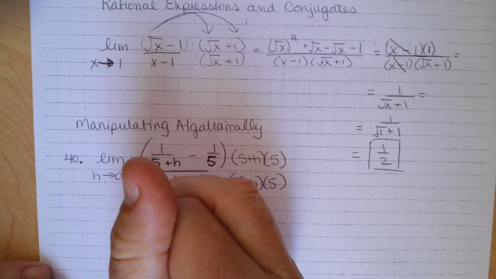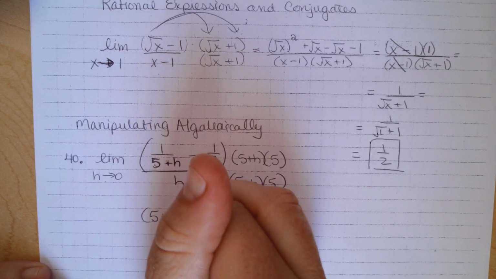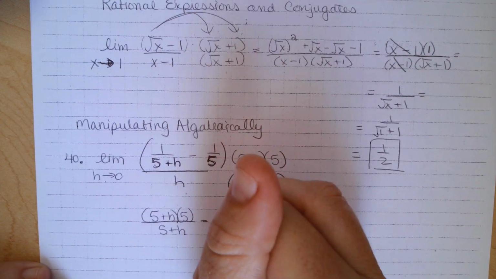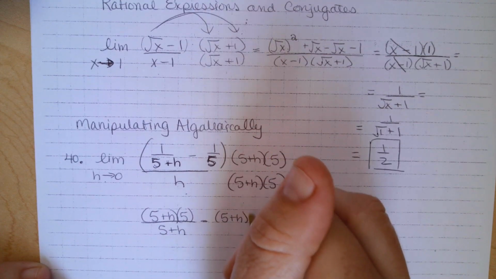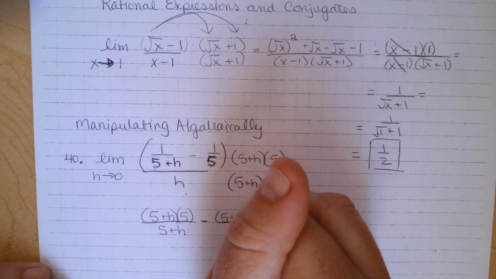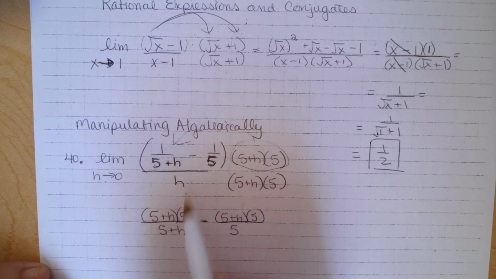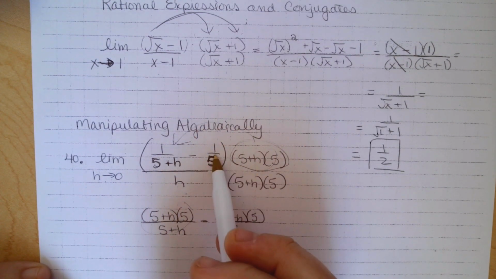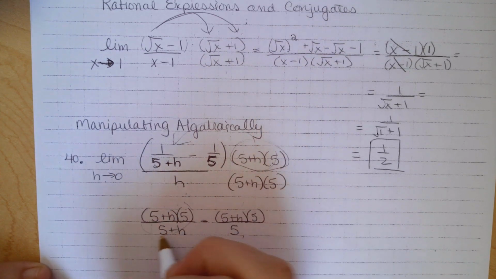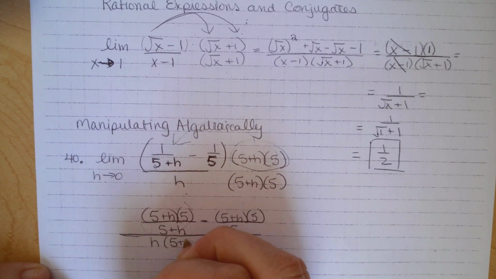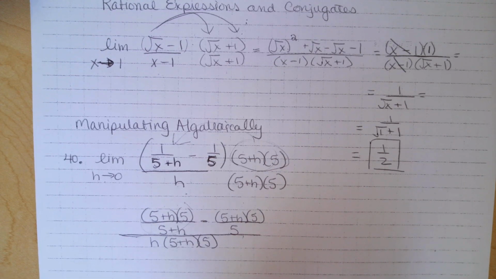And so you get 5 plus h times 5 over 5 plus h minus 5 plus h times 5 over 5, right? Because I would have had to multiply this by this one and multiply it by this term here. And then this is all over h times 5 plus h times 5. Okay, let's see if anything good happens from all this.